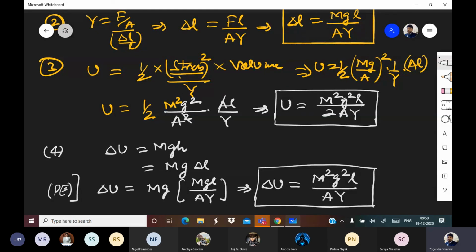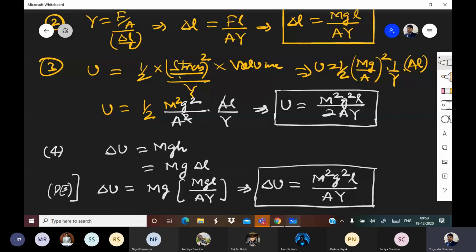Okay. If you look closely, what can you see? Is there any relation between third answer and fourth answer? Is there any relation between energy stored in wire and decrease in potential energy of block?